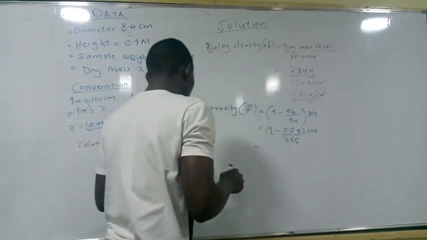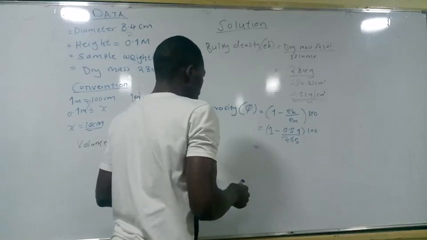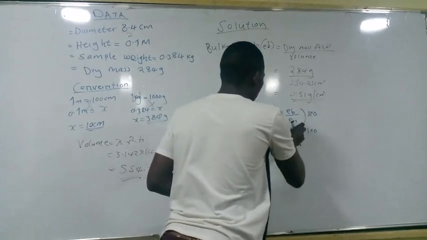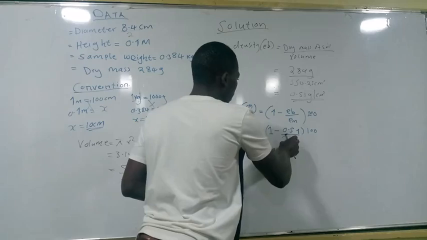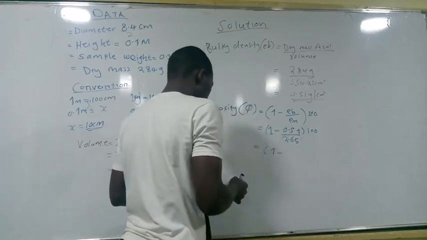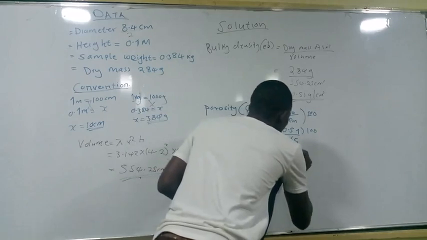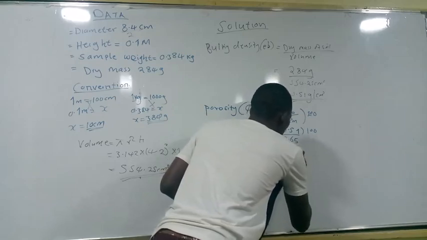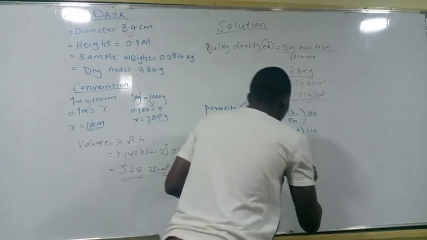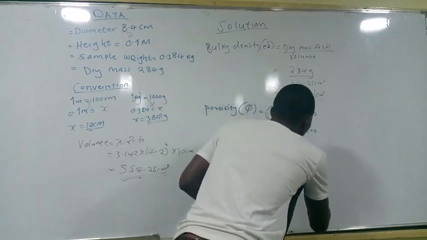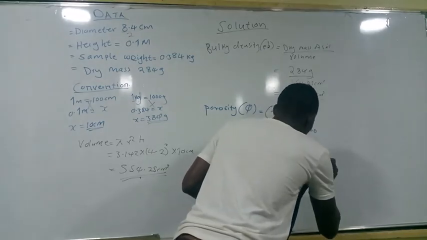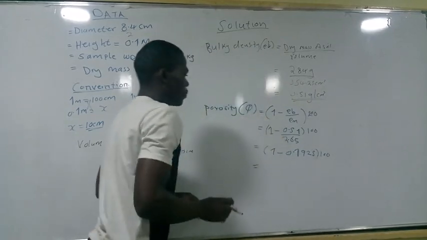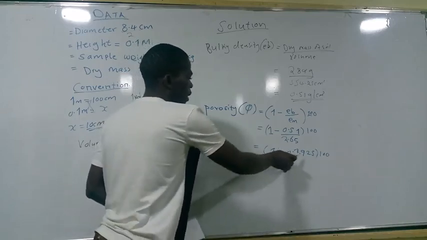What answer do you get? First, you start by dividing. When you divide this number, 0.51 divided by 2.65, what are you going to get? You're going to get 0.1925 multiplied by 100. Now, when you reach this point, you have to subtract 1 minus this number.